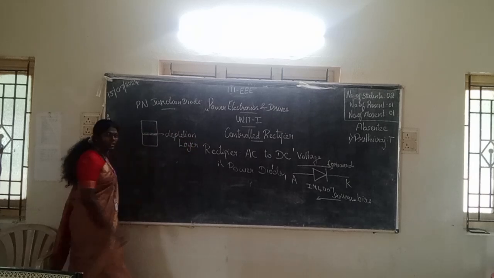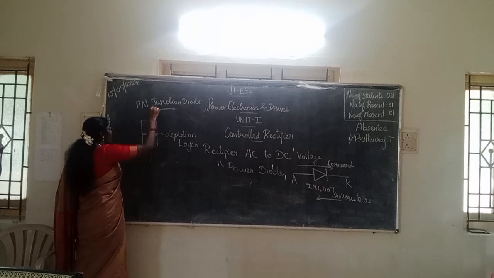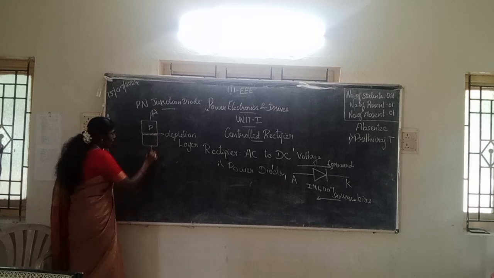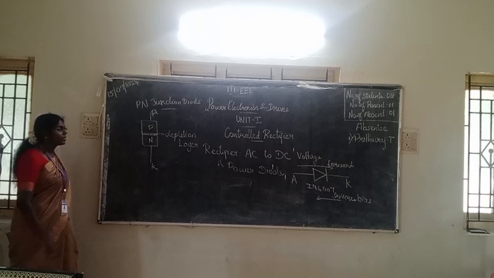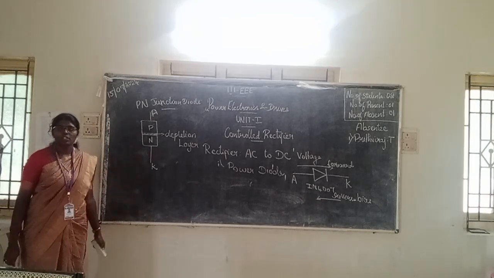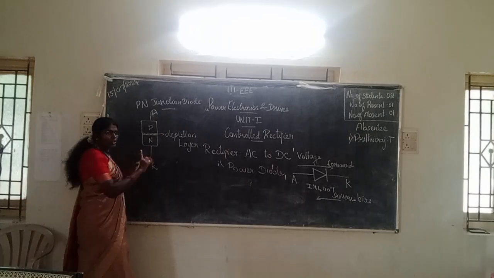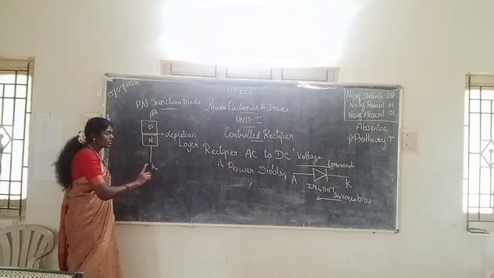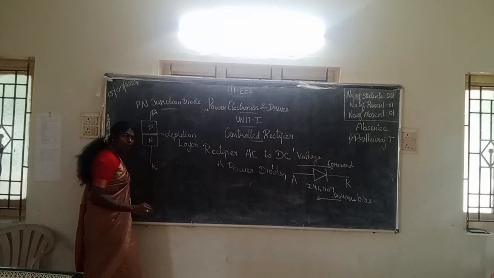This is the P type, and this is the terminal anode, and this is the N type, with the cathode terminal. So this is how the PN junction diode looks, with the depletion layer at the junction. Now two modes of operation will be there. First is the forward bias condition, so the diode is going to be forward biased.